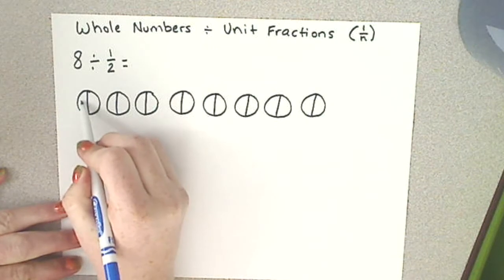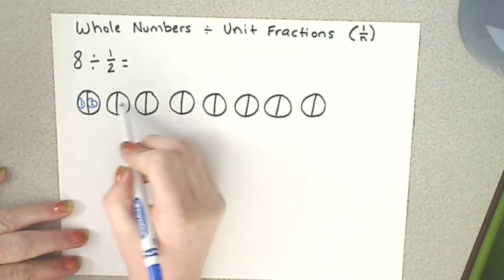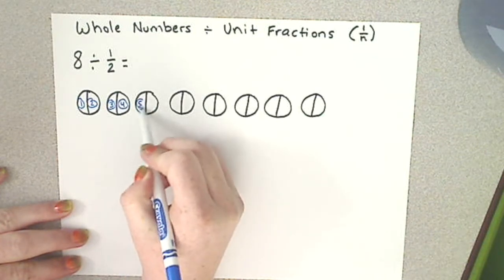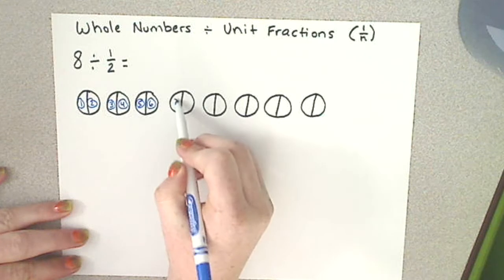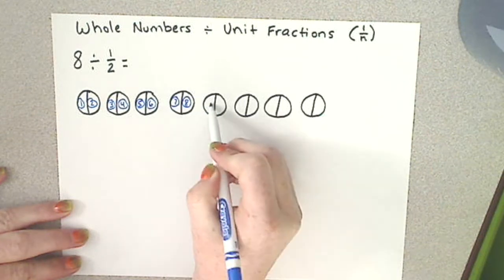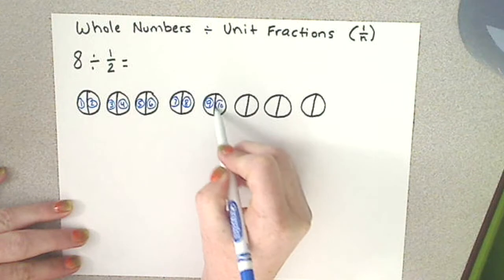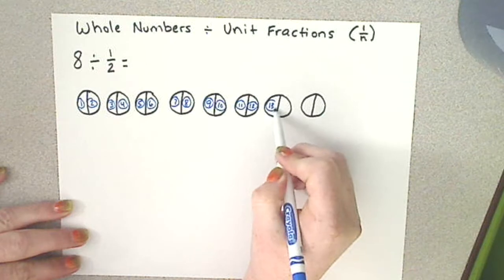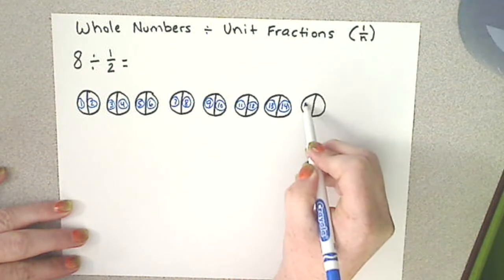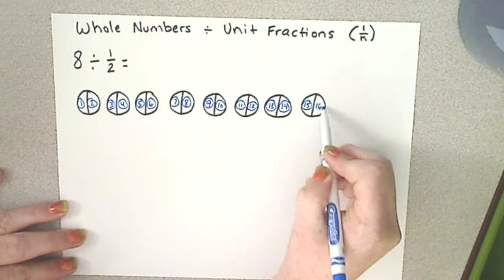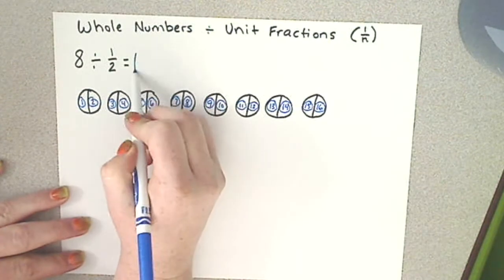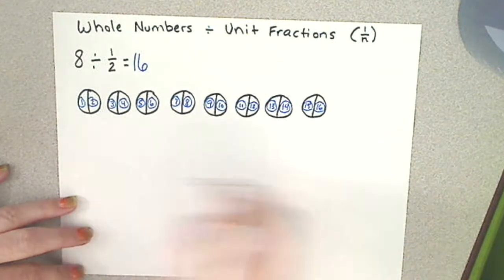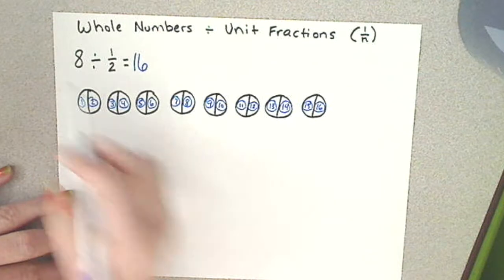So I have 1/2, 2, 3, 4, 5, 6, 7, 8, 9, 10, 11, 12, 13, 14, 15, 16. You can also show that 1/2 times 16 equals 8.